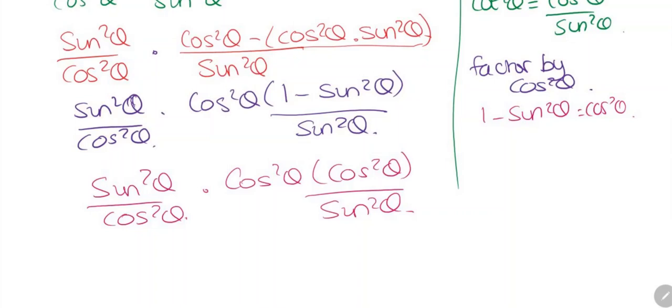And if we now simplify, this will simplify, and this will simplify. So this is 1. So we have 1 times cosine squared theta, which is cosine squared theta.